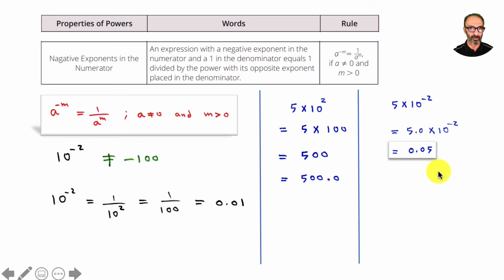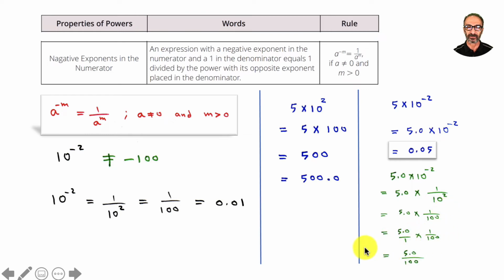To support that one more time, I could write this as 5 times 10 to the power negative 2, as 5 times 1 over 10 to the second, applying this rule right here, which means 5 times 1 over 100.